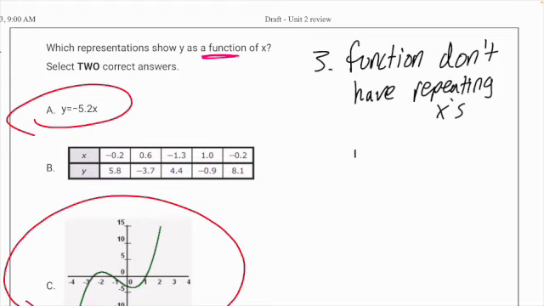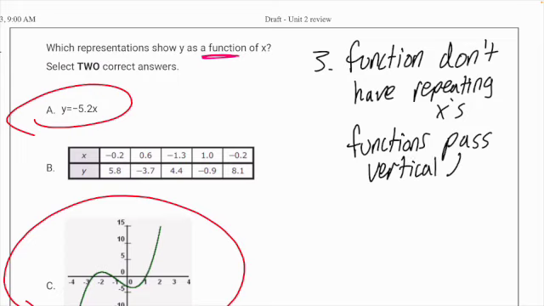Functions pass what I call my vertical line test. So functions do not have repeating x's, and functions also pass my vertical line test.